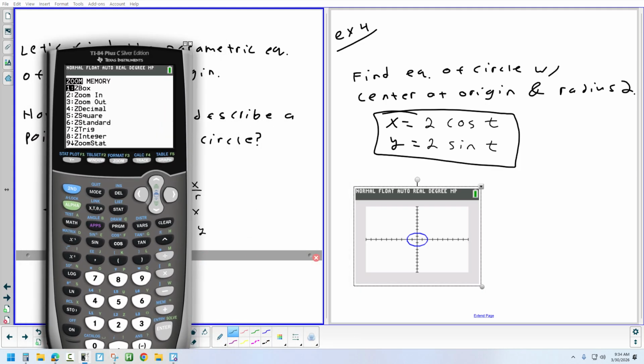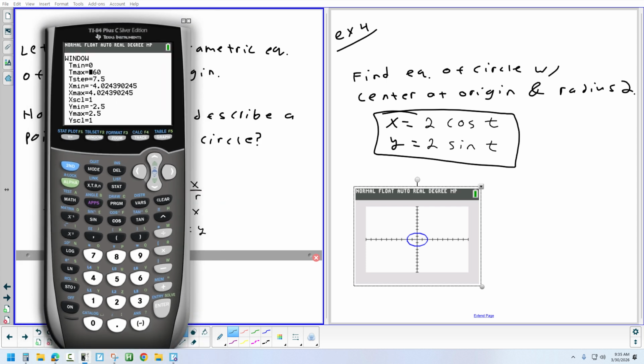Now let me zoom in, see if I can just make it a little bit bigger. Yeah, that's good. What would happen if I go by 20s for my T-step? What do you think is going to happen to my picture? It's going to draw faster, and what's going to happen to the picture?